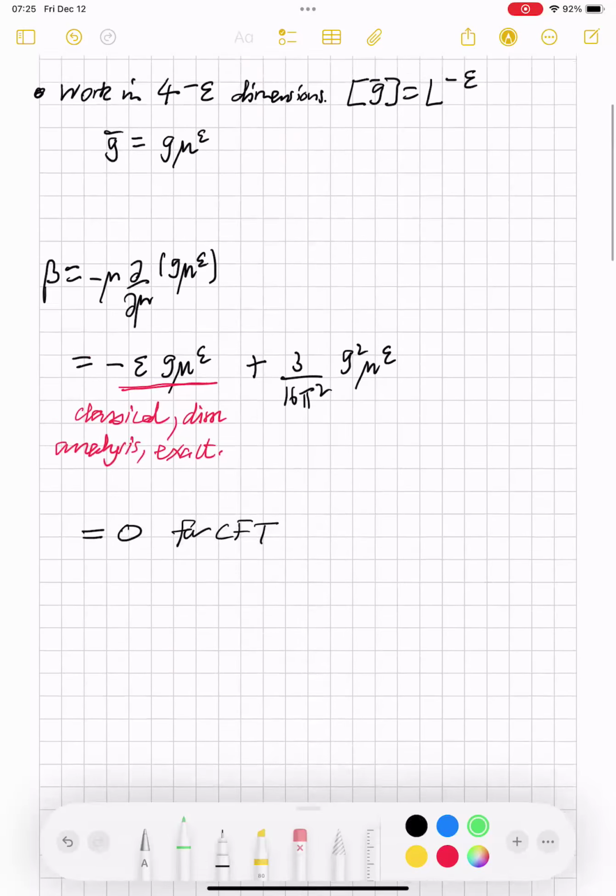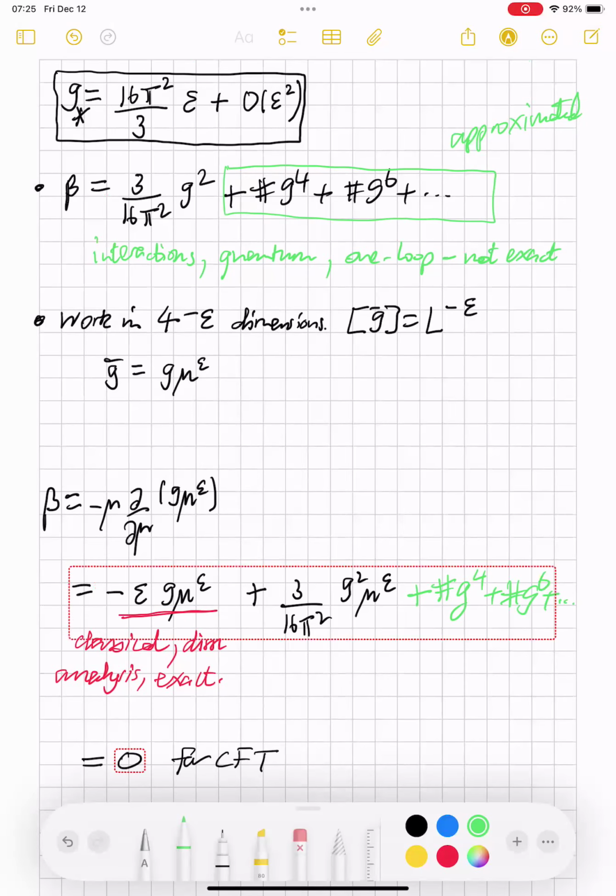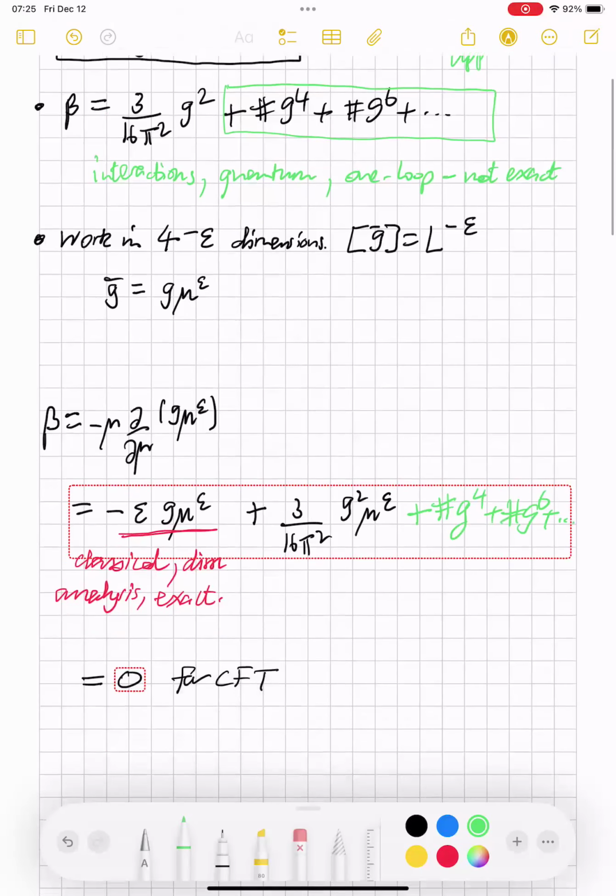But if we keep all of those extra terms, then down here, let's maybe add them in green, we would have had plus an extra g to the 4 plus an extra g to the 6, and so it would continue. So if we now set this to 0, you can see that g star is order epsilon. So if g star is order epsilon, the g squared will be epsilon squared, but the g to the 4 would be epsilon to the 4. The g to the 6 would be epsilon to the 6. And to cancel off these higher powers, we're going to need to cancel them off from this epsilon times g term.